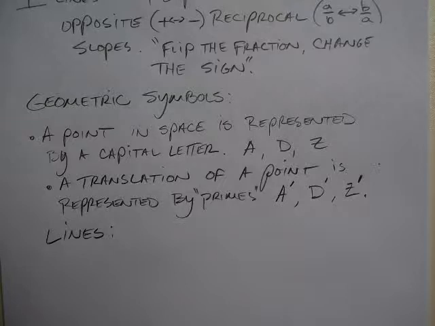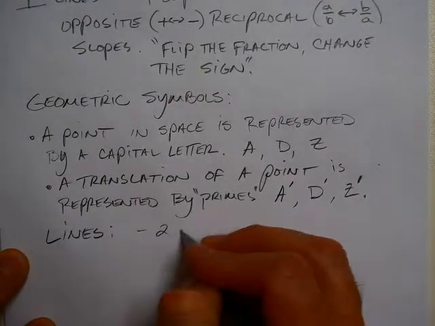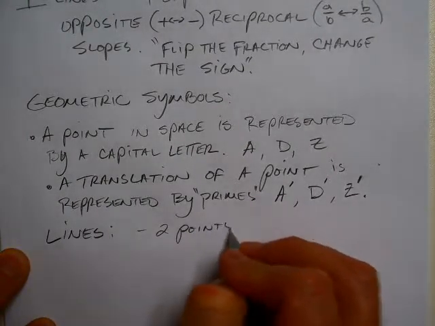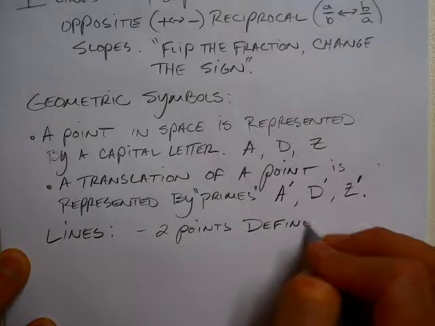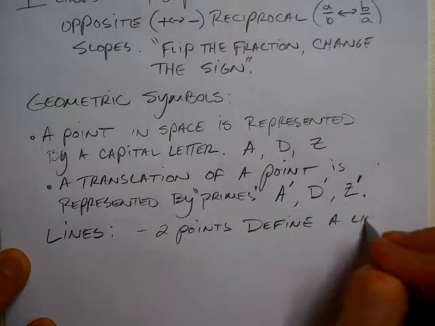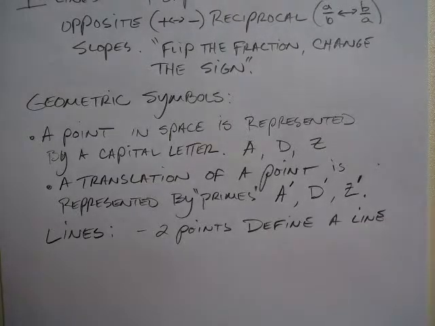How many points does it take to make a line? Right, 2 points to make a line. Two points define a line. So we actually have to have 2 capital letters to define the line.